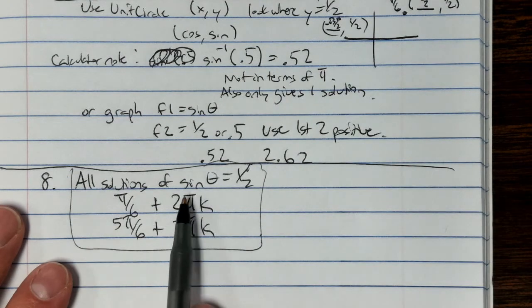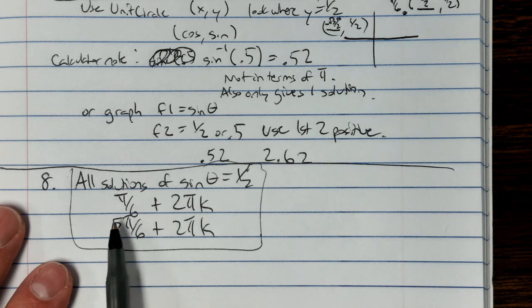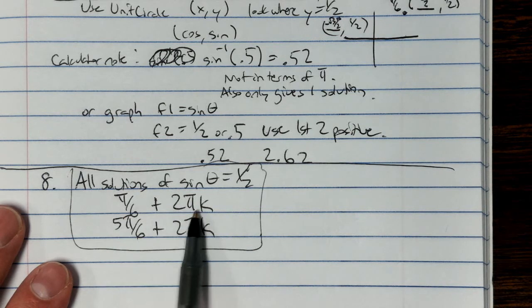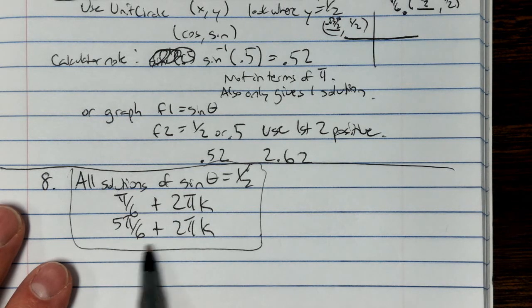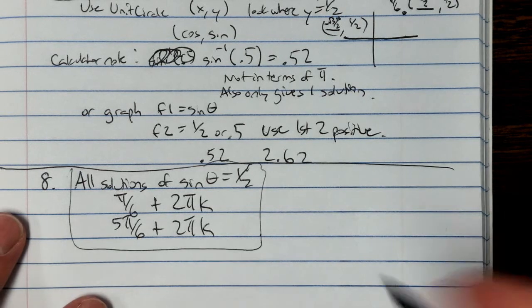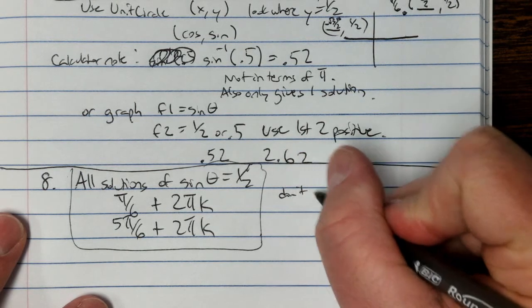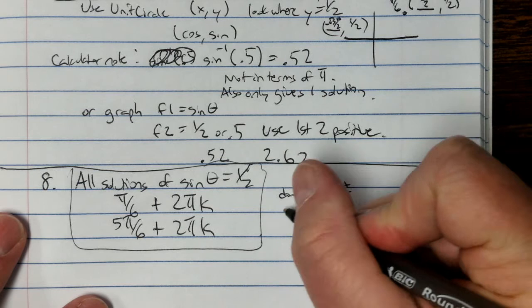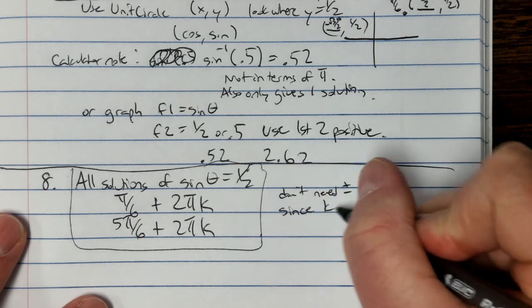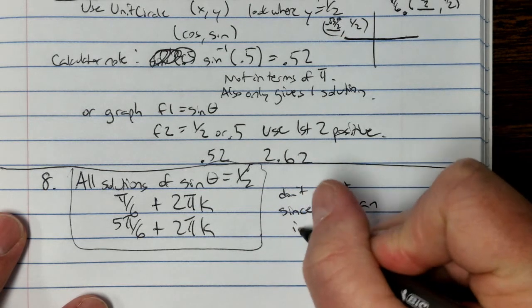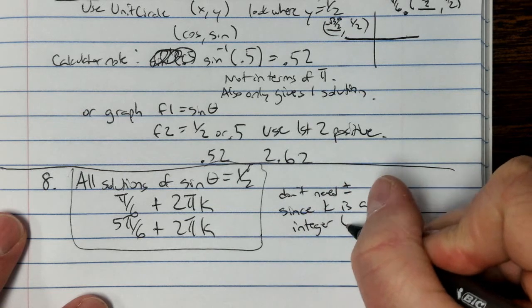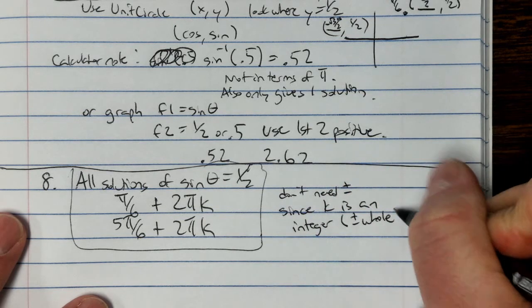All solutions of sine theta equal 1/2 are pi/6 plus 2pi k and 5pi/6 plus 2pi k. Just as a side note, you don't need plus and minus since k is an integer. It means plus and minus a whole number.